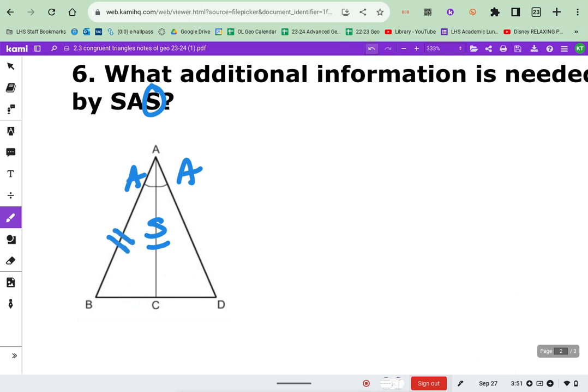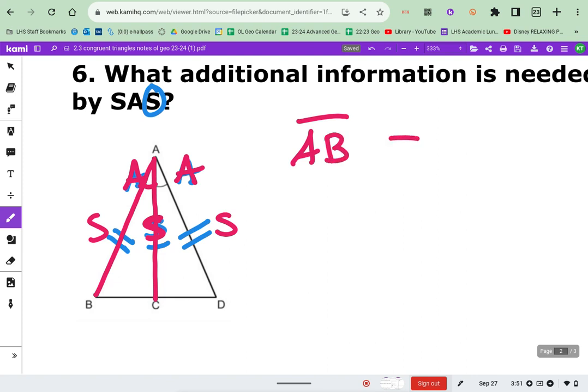So it has to be these two, because only when it's these two are the angles right in between my sides. So side, angle, side. So we would need to add that AB would be congruent to AD.